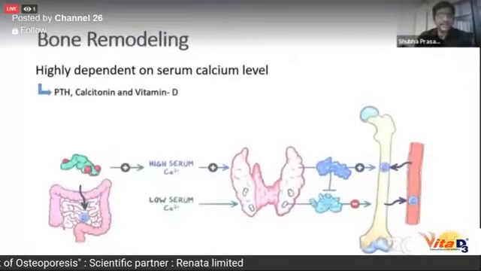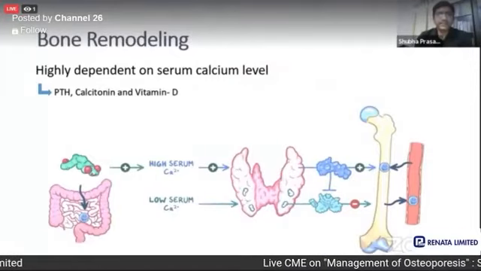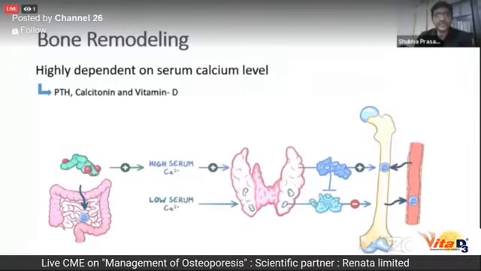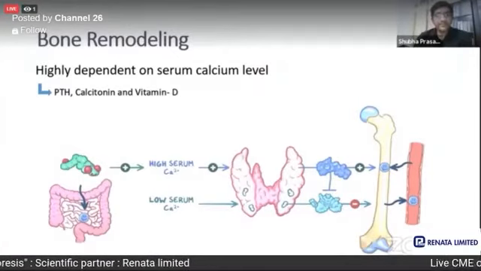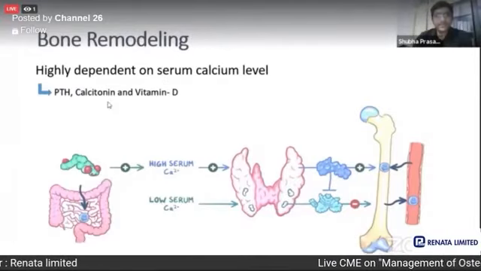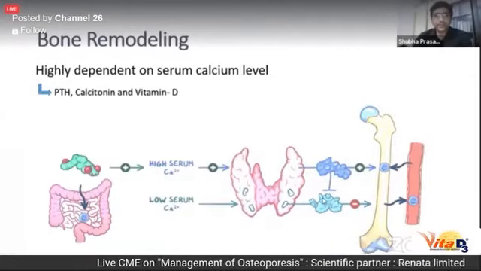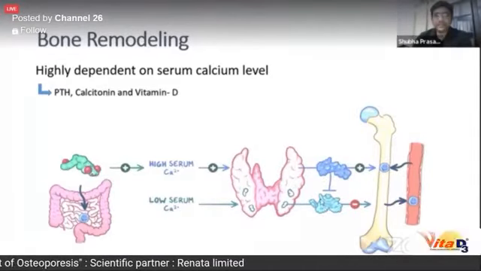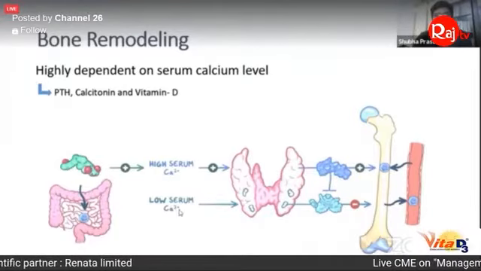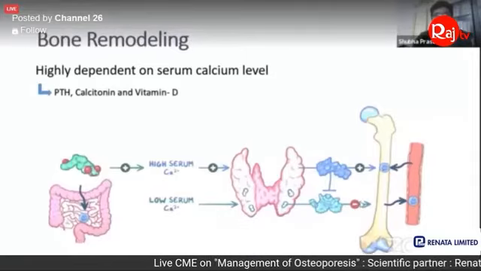This bone remodeling is highly dependent on serum calcium level, which in turn is kept in the normal range by a balance between parathyroid hormone, calcitonin, and vitamin D. Parathyroid hormone is produced by the parathyroid gland in response to low serum calcium level, and increases bone resorption and release of calcium into the blood circulation.